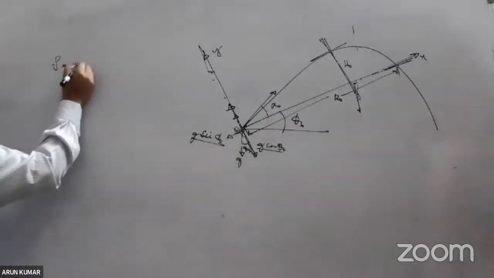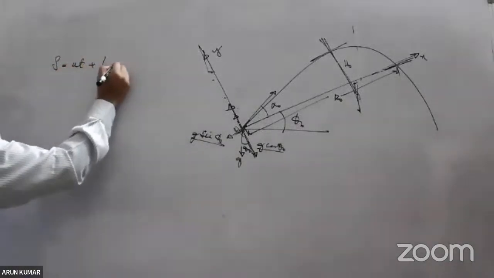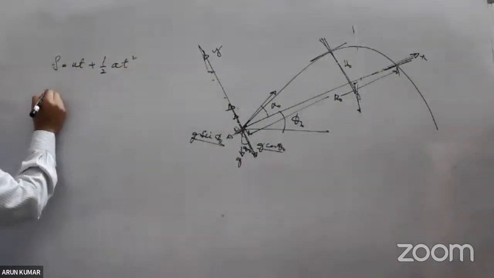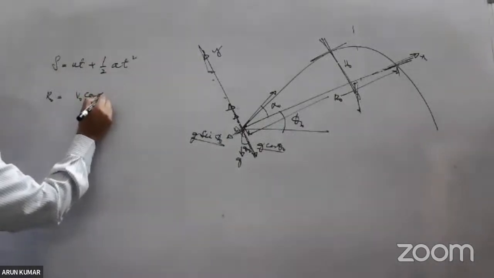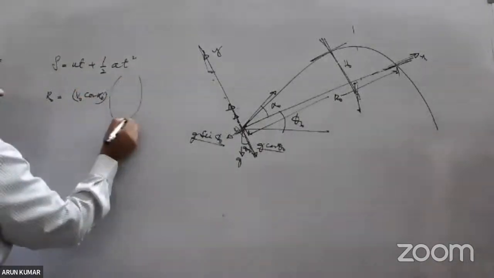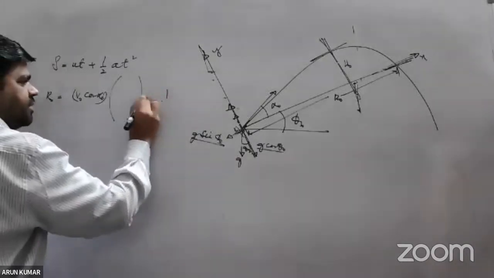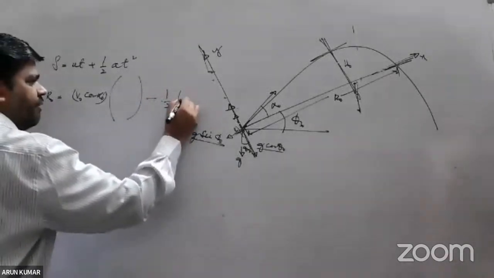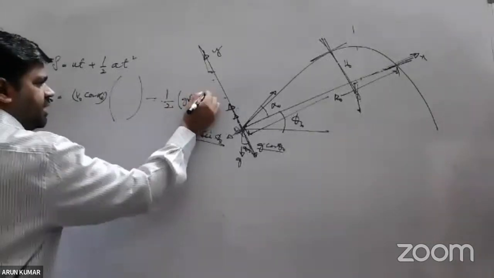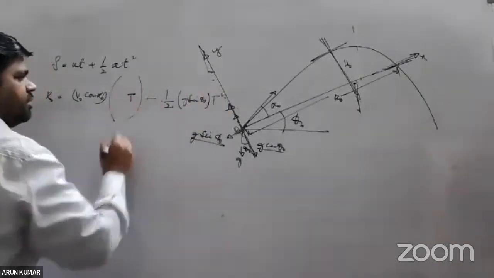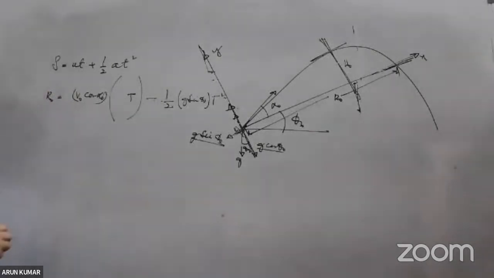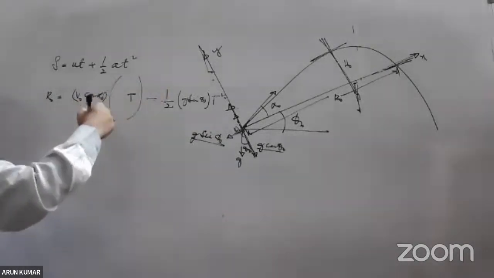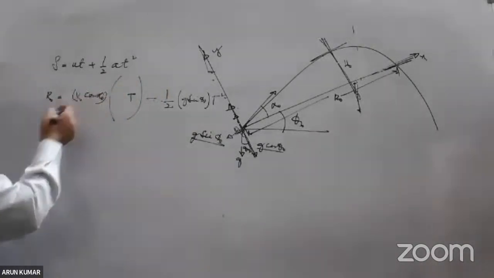This is equal to ut plus half at square. So r is equal to V naught cos alpha naught times the time of flight t, minus half g sin theta naught t square. I substitute t is equal to whatever the time is.